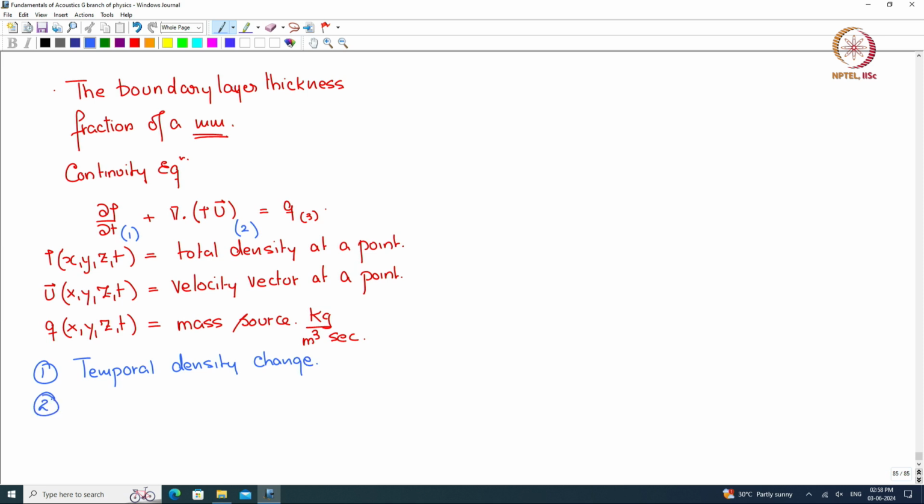Then number 2 is the net mass outflow from a point. Then the third term is mass entering from a source.